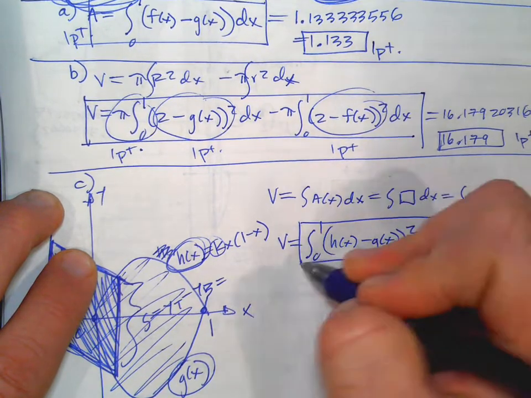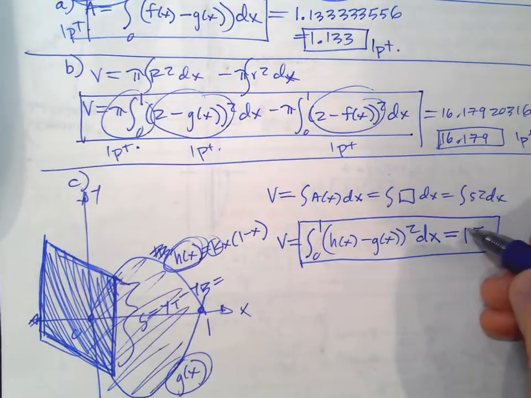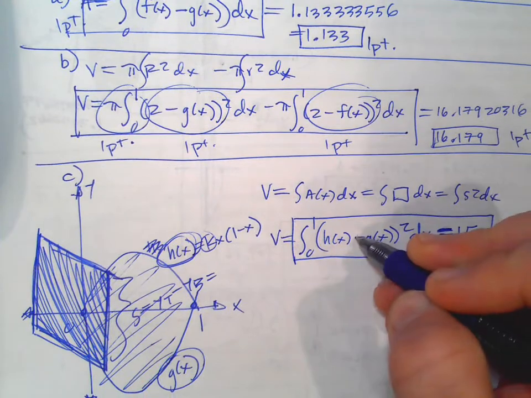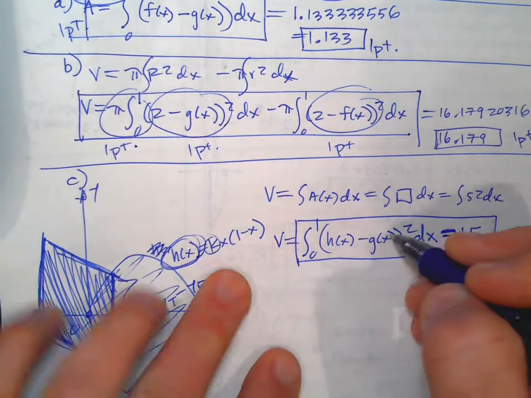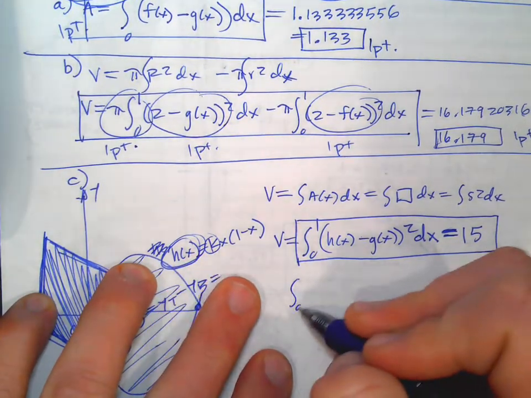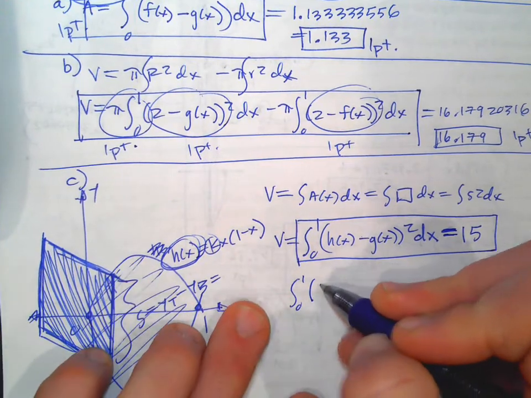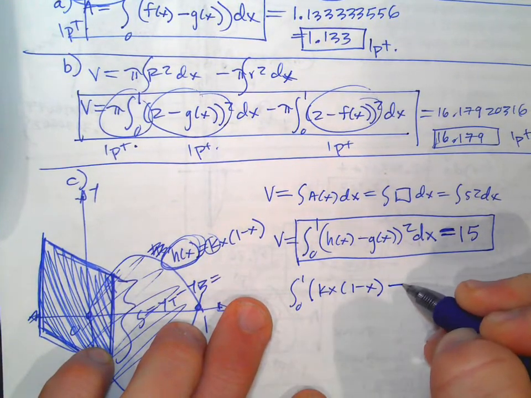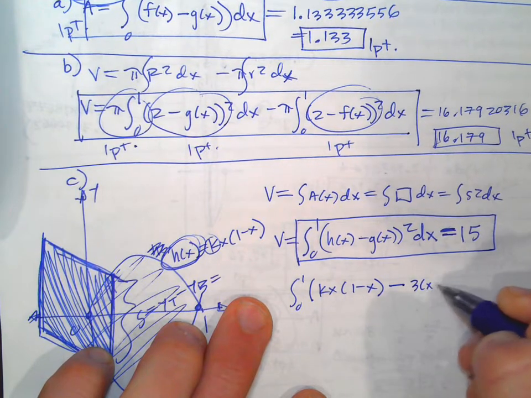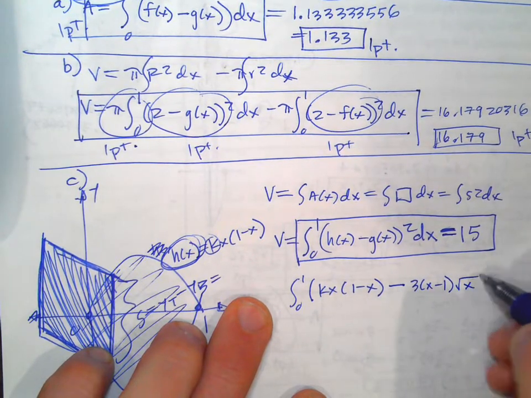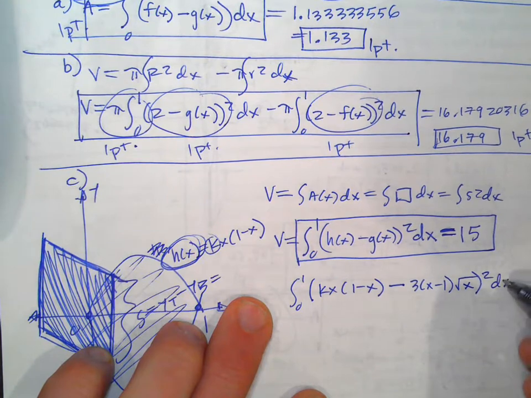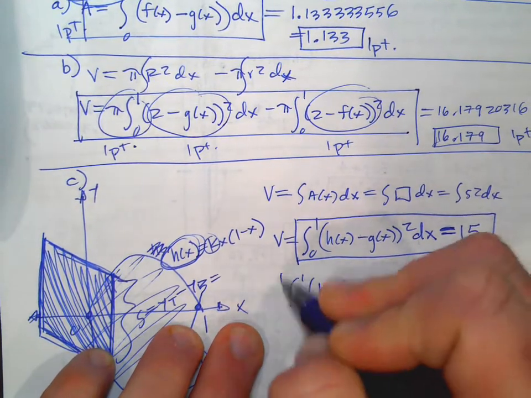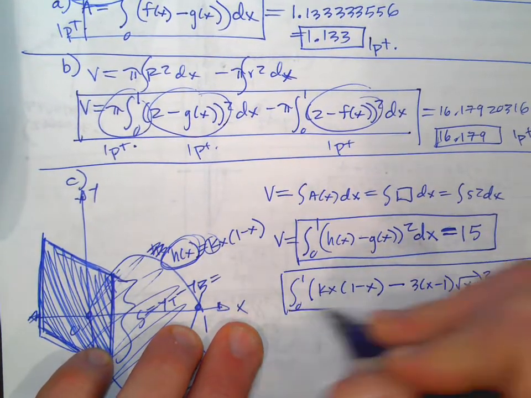This is an equation, two sides, equal sign, involving an integral. K is in it. I mean, we could rewrite it and put kx times 1 minus x there instead. And even for g of x, we could write 3x minus 1 square root of x. I don't think you need to do this, but this is the same thing.